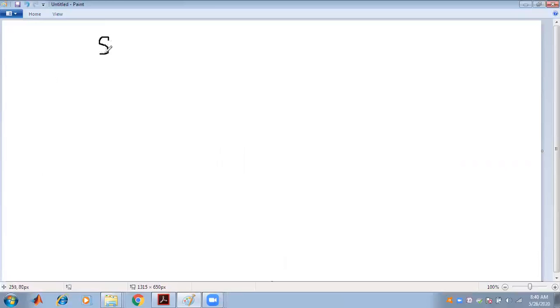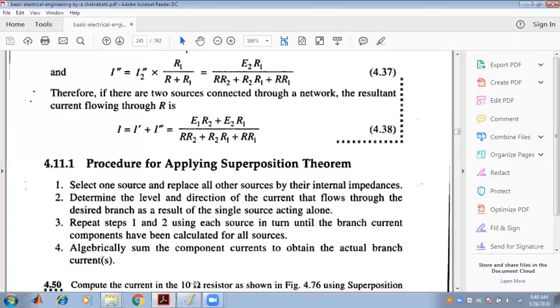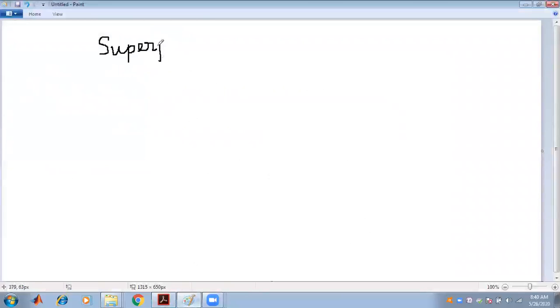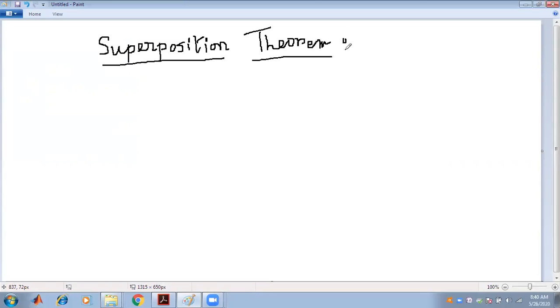We will approach a particular solution with the help of the superposition theorem.